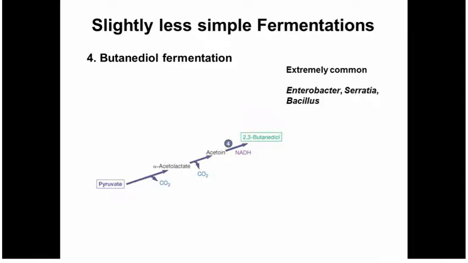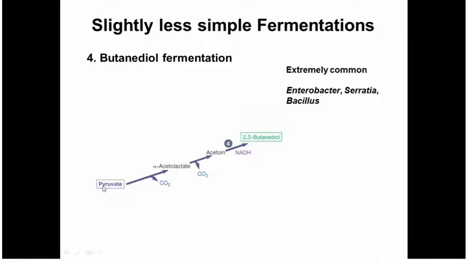Some fermentations are slightly less simple. So here we've got pyruvate, or rather, 2 molecules of pyruvate being combined to give you alpha-acetolactate.